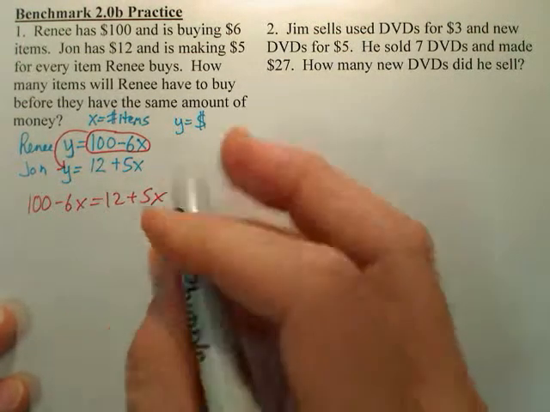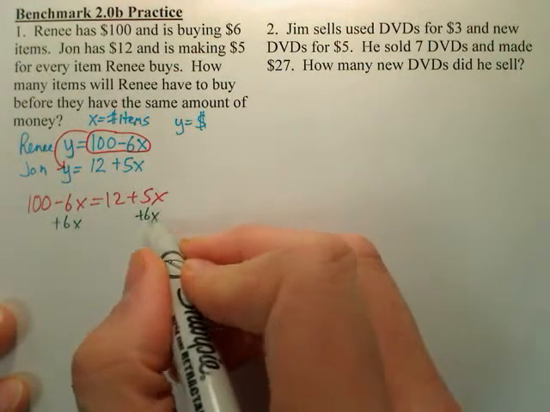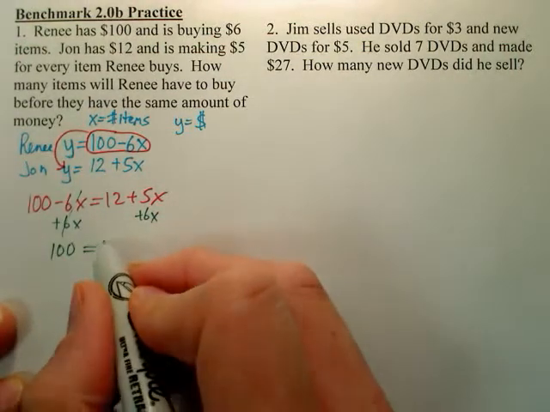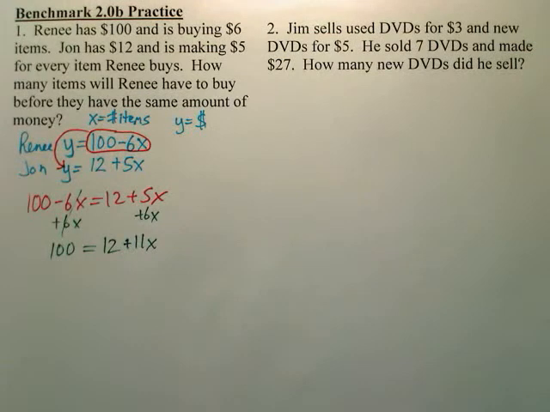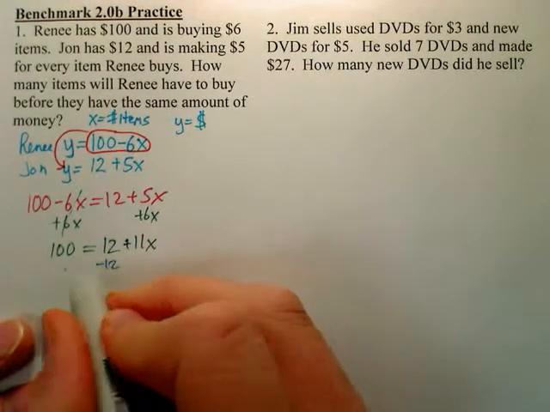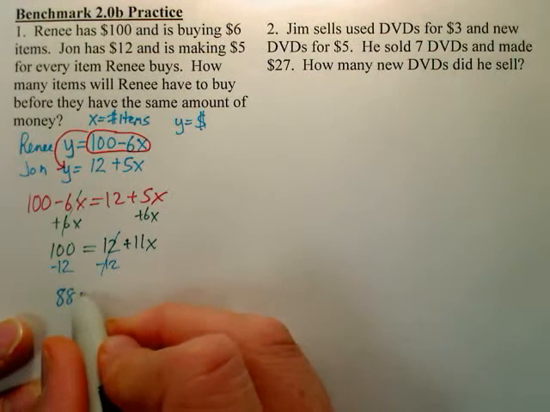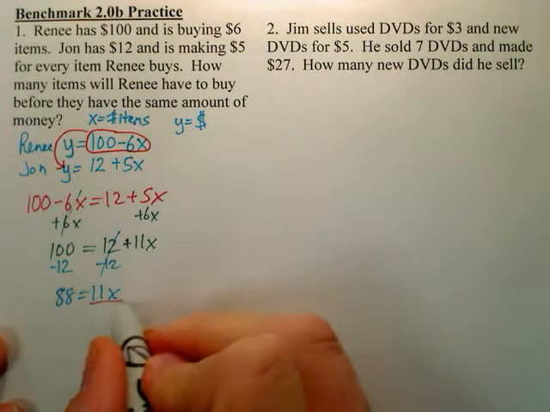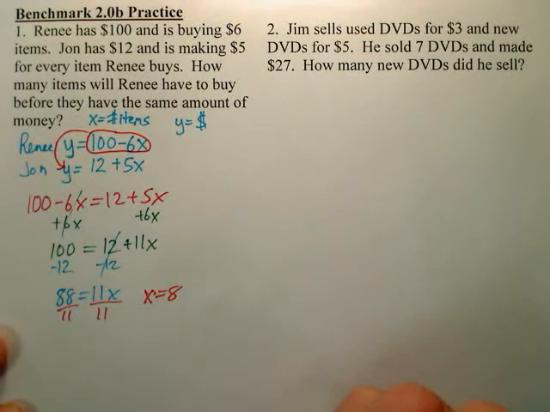So to solve that, I'm actually going to add the 6x this way and get 100 equals 12 plus 11x. Then I'm going to minus the 12 over and get 88 equals 11x. Divide by 11, x equals 8.